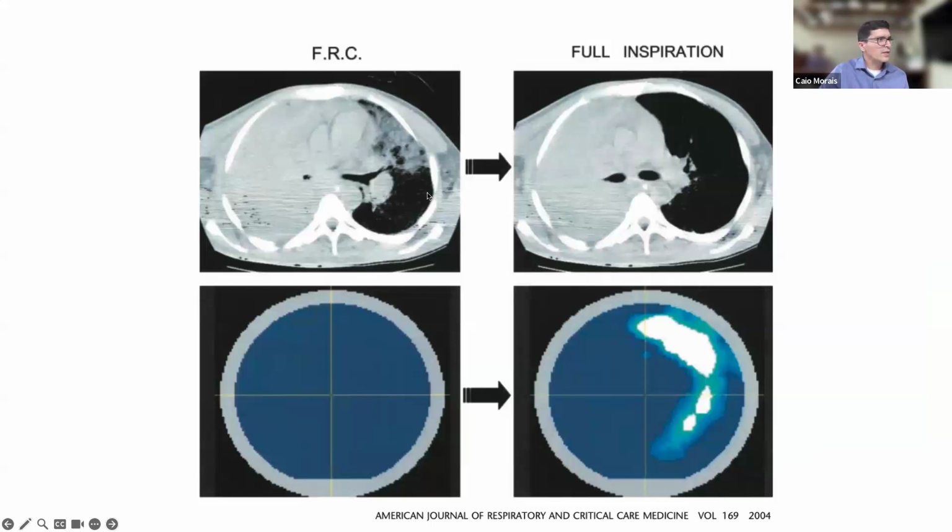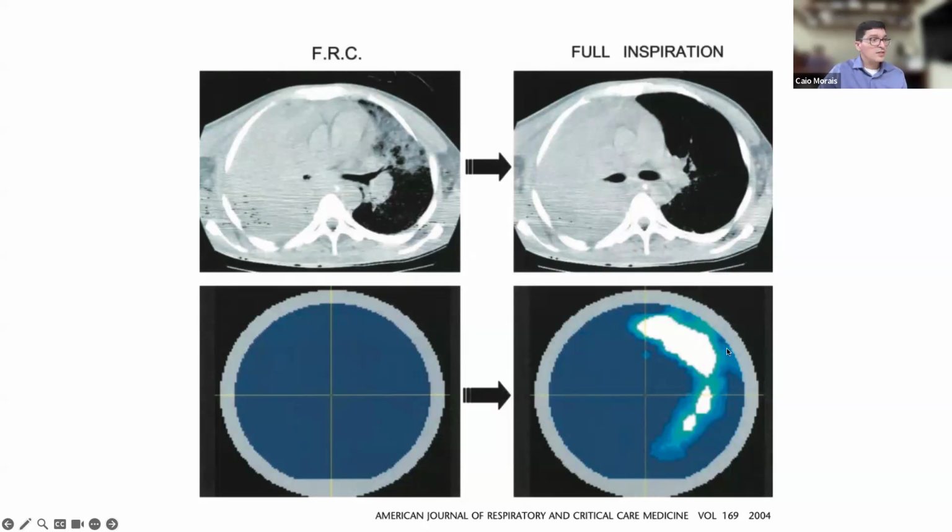And one case representation. From the beginning of inspiration to the end of inspiration, using a low flow maneuver, we can see that only the left lung changed the gray image, right? The shades of gray. So suggesting that we have only one lung ventilation, the right lung is not changing at all.